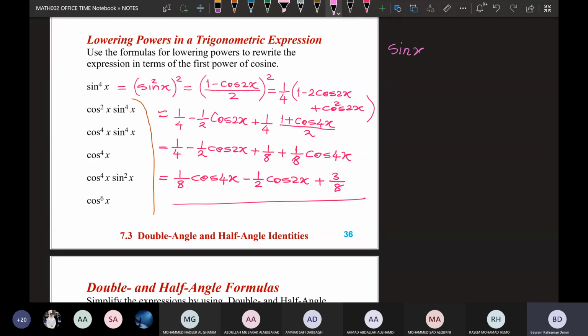If you have sine of x, it becomes positive or negative root of 1 minus cosine of 2x, right?